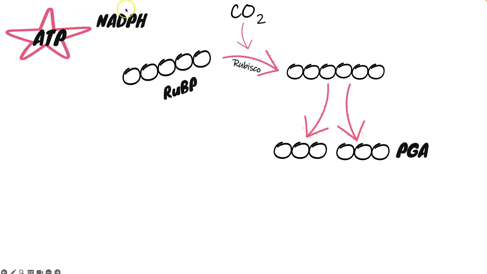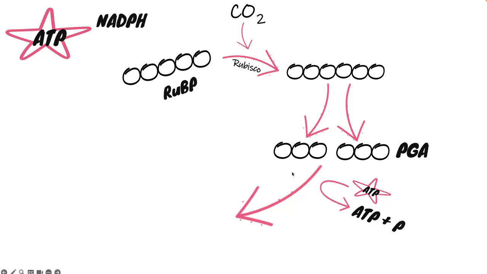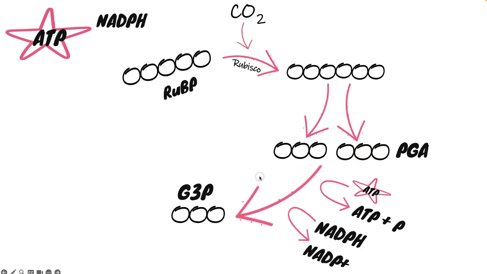What we want to do is take those high energy electrons from the NADPH that have that energy from those photons of light energy, and then also the energy in the bonds in ATP, and add it to these molecules. So what we do is we add the energy from 1 ATP, and the high energy electrons from 1 NADPH to each one of these PGAs. And we end up with a different molecule called G3P, or glyceraldehyde 3-phosphate.